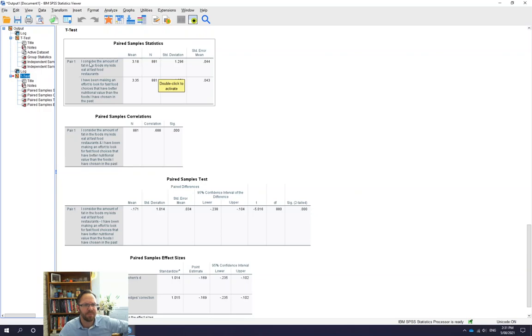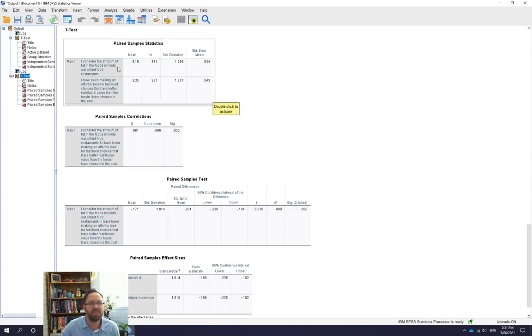Now I look at this and, for this variable, considering the amount of fat and making an effort, it is different. So we said, is one greater than the other? Making an effort is actually greater, so they agree more with this one than they do with considering the amount of fat.